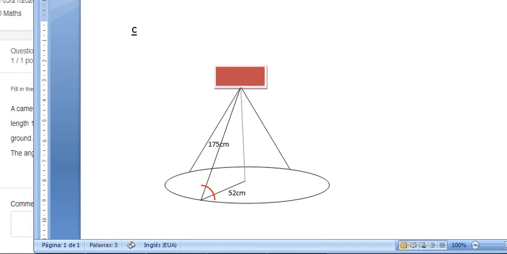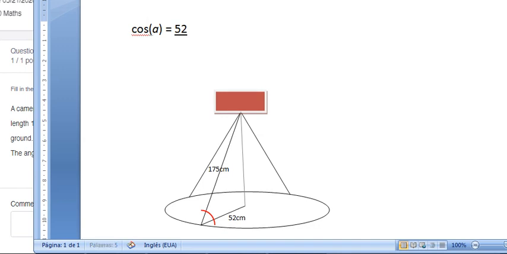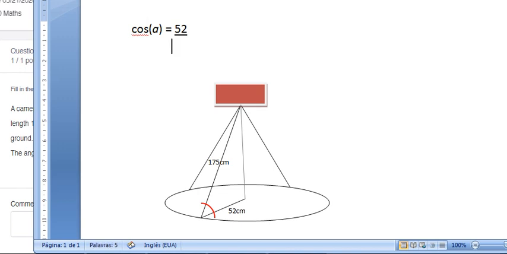So the CAH rule says that the cosine of the angle, I don't know the angle, so I'm going to call it alpha, is going to be equal to the adjacent side, 52, divided by 175, the hypotenuse.